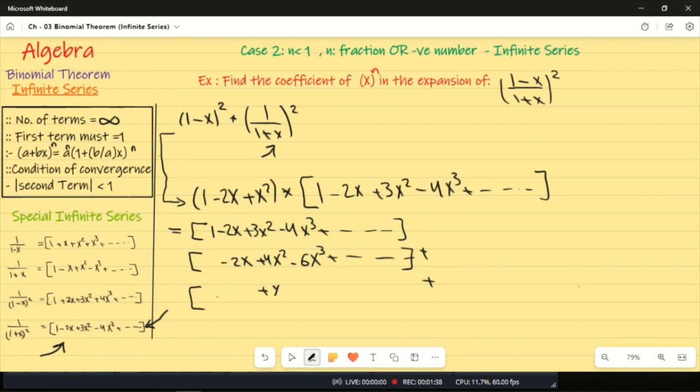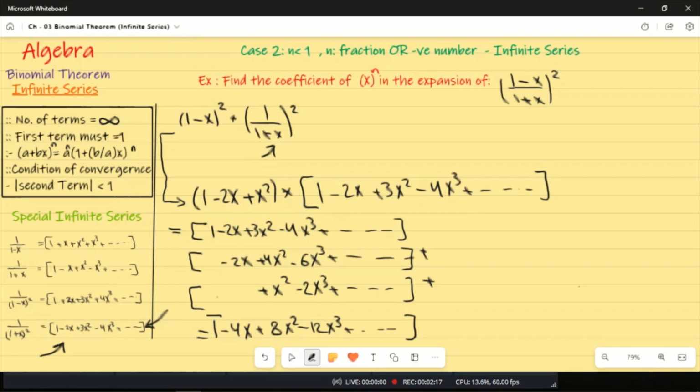So we have here x squared and here negative 2x cubed and so on. So we have here 1 minus 4x plus 8x squared minus 12x cubed.